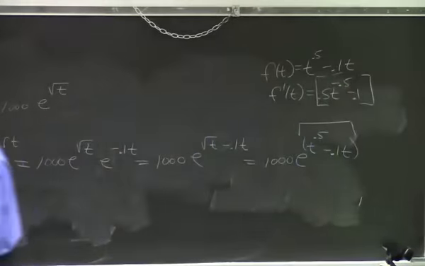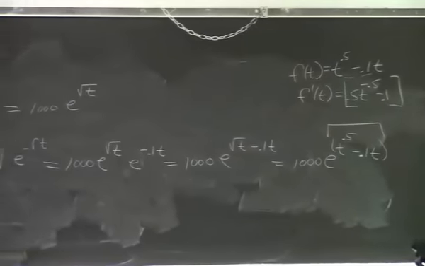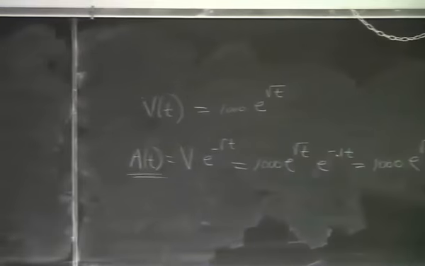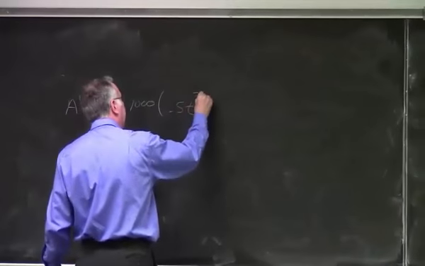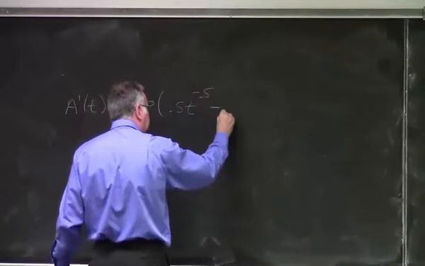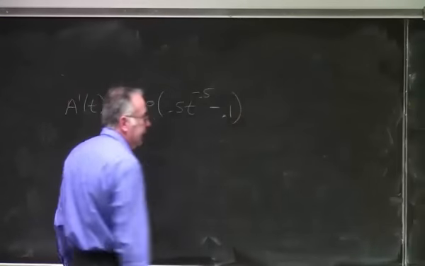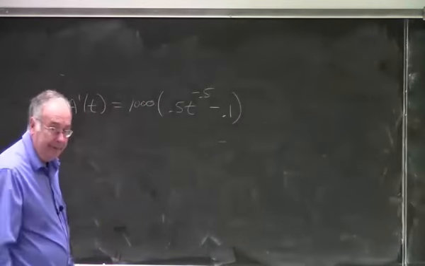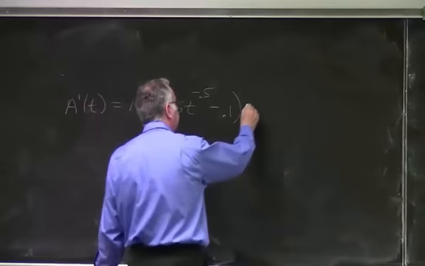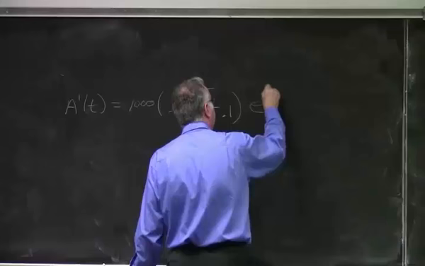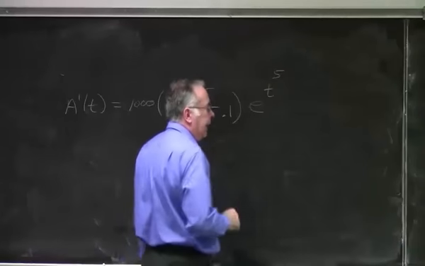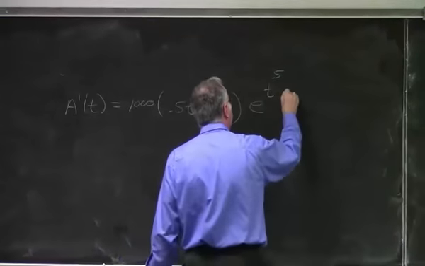Okay. So we put our f prime of t in here, and that is 0.5 t to the minus 0.5 minus 0.1 times e to the f of t, which is just e to the t to the 0.5 minus 0.1 t.